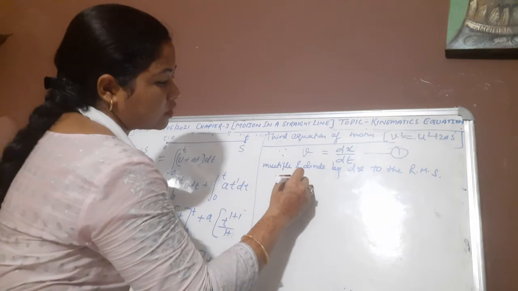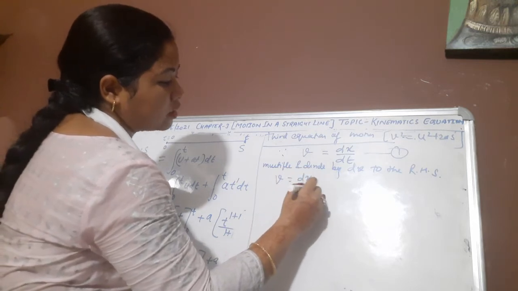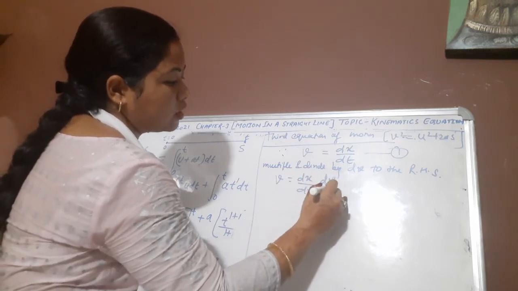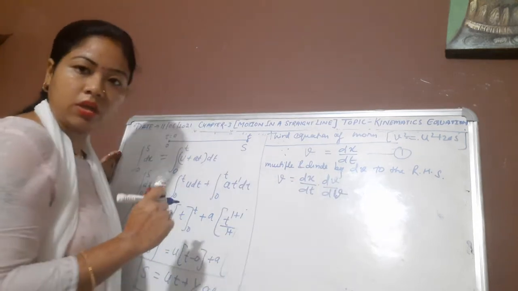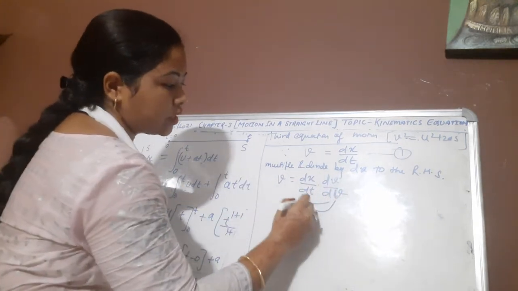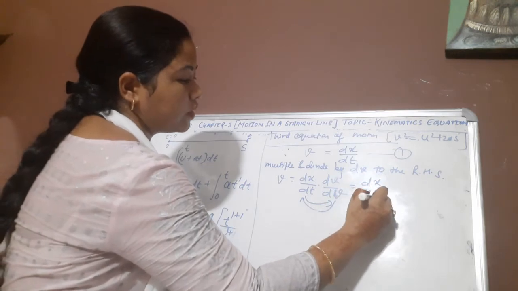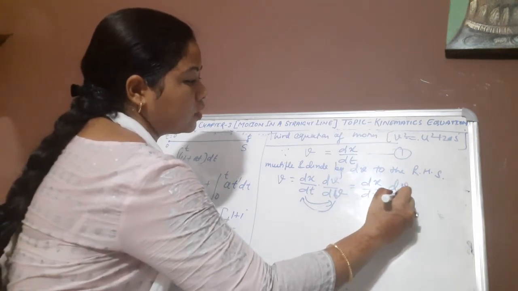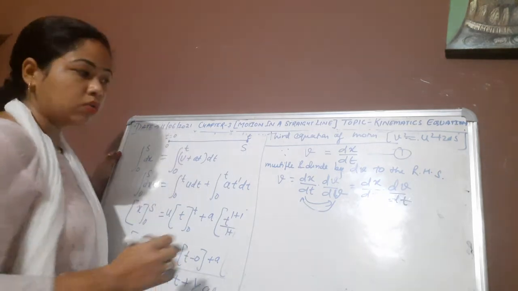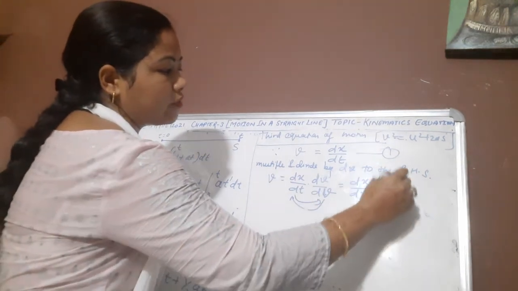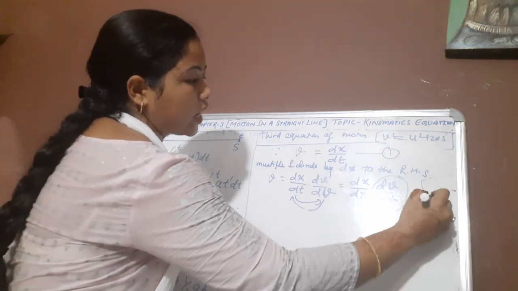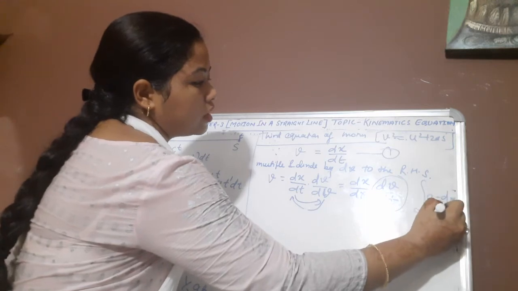Now v will be equal to dx upon dt times dv upon dv. Now you arrange the denominators of these two terms, like you can write dx upon dv and dv upon dt. Now this dv upon dt gives you the value of the acceleration, since you know that a equals dv upon dt.